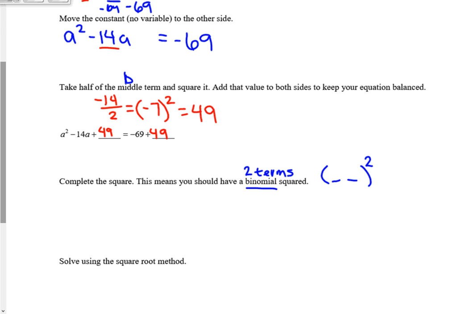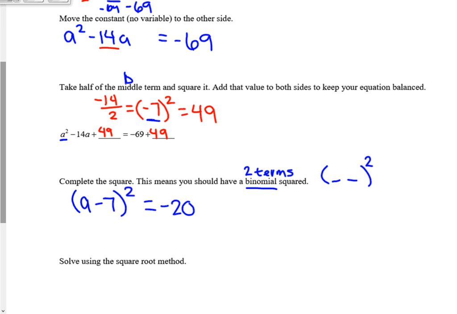My binomial squared is going to be a. We're always using the variable from our equation. And then it's going to be the value when you took half of your b term. So I'm going to have a minus 7 parentheses squared equals negative 69 plus 49 is negative 20.